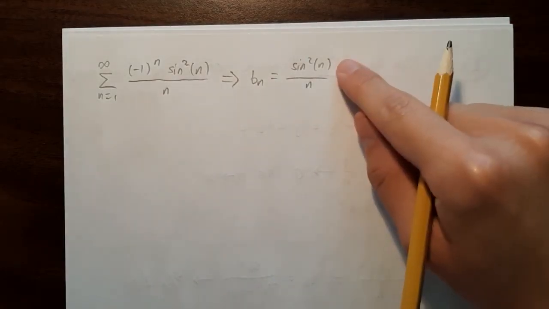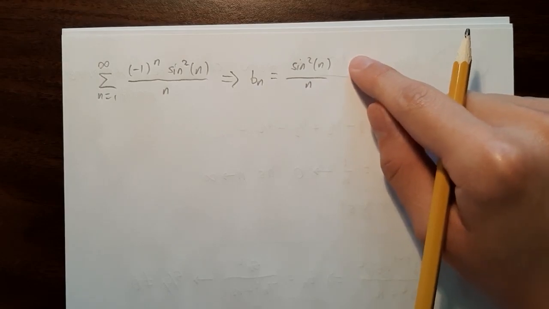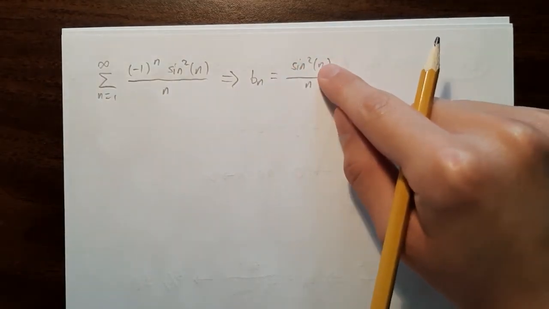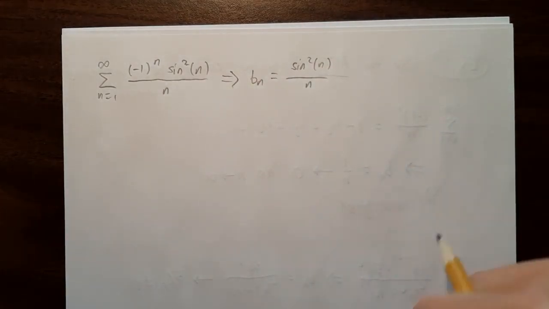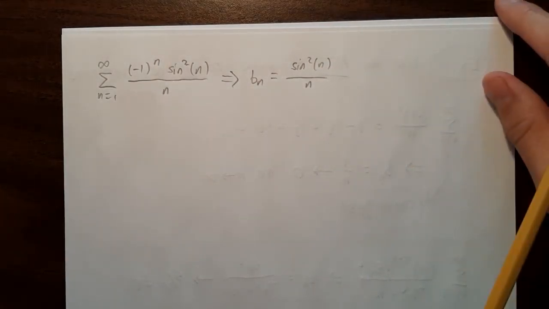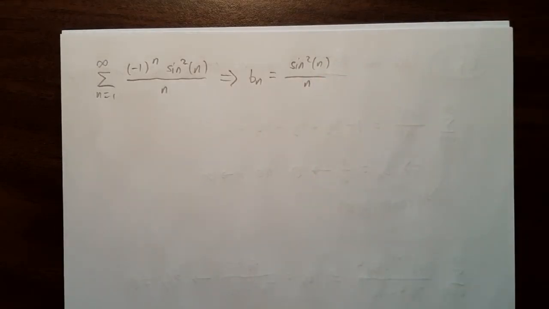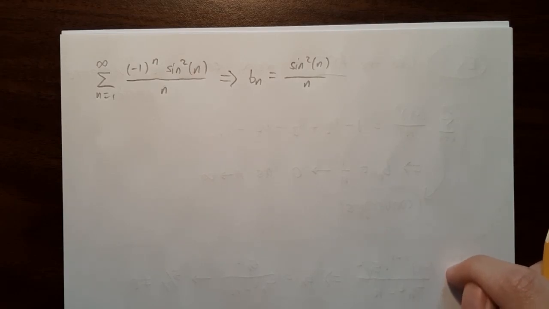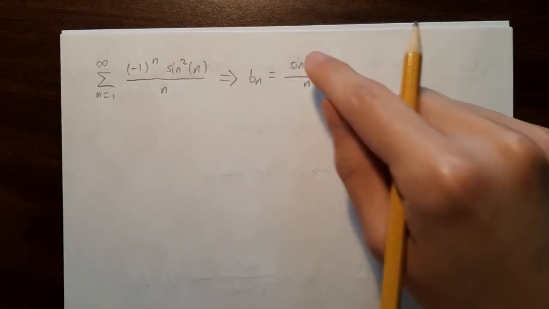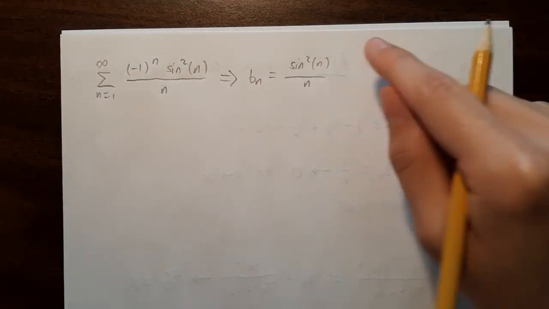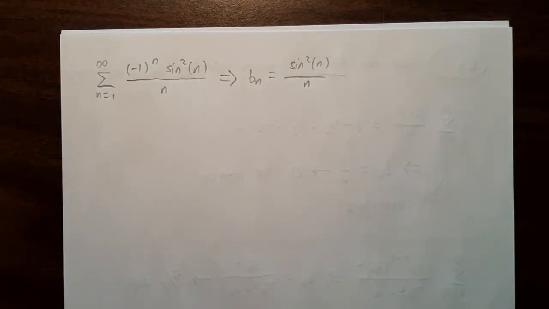The trouble is we can't really do something like a L'Hopital thing, because if I take n to infinity on top, we have sine squared of n, which is just going to wiggle and wiggle and wiggle forever. It's never going to settle down, so we can't actually use L'Hopital. But we don't have to use machinery that heavy, because sine squared, just like the original sine function, is bounded. And so sine squared has to forever bounce around the interval from 0 to 1, but the denominator n can grow without bound.